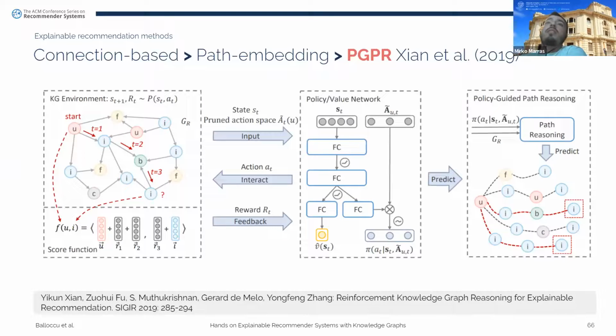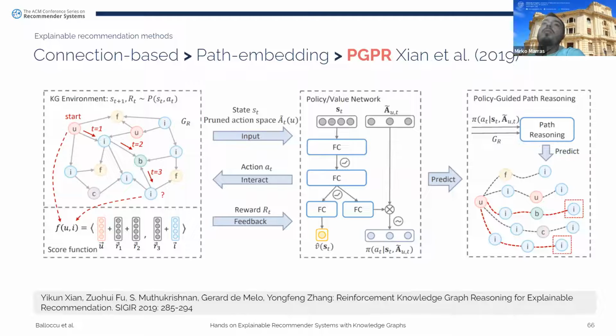As the first example, real-world knowledge graphs are usually huge. So enumerating all the paths between a user item node for similarity calculation is usually computationally expensive. And to solve this problem, Xian et al. proposed a reinforcement reasoning approach over knowledge graphs for explainable recommendations.